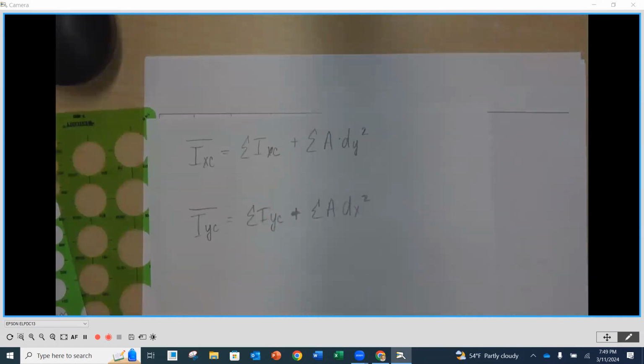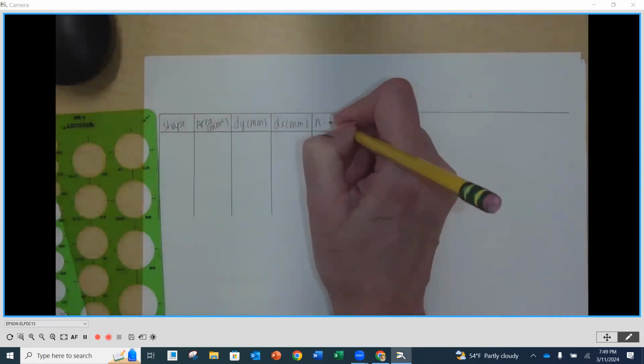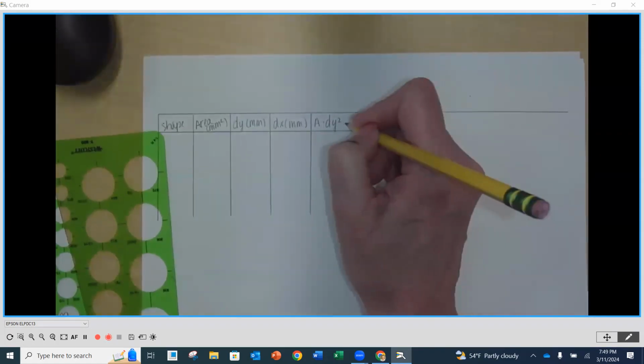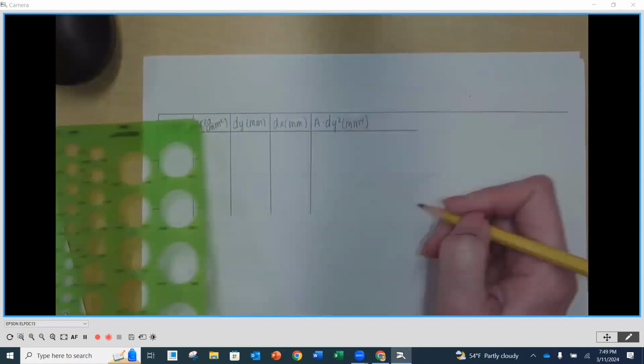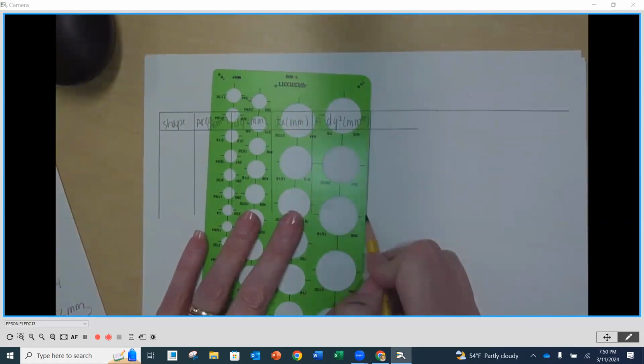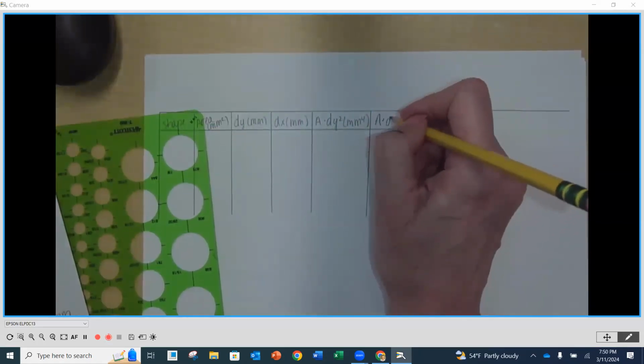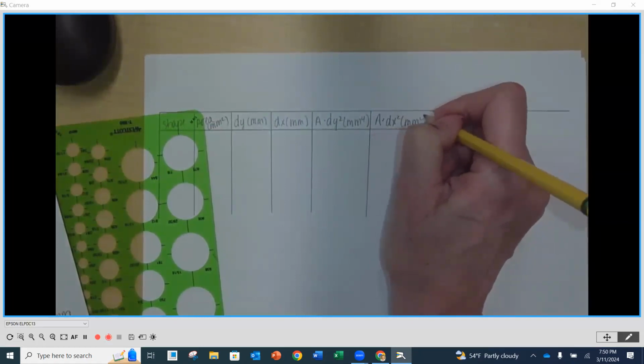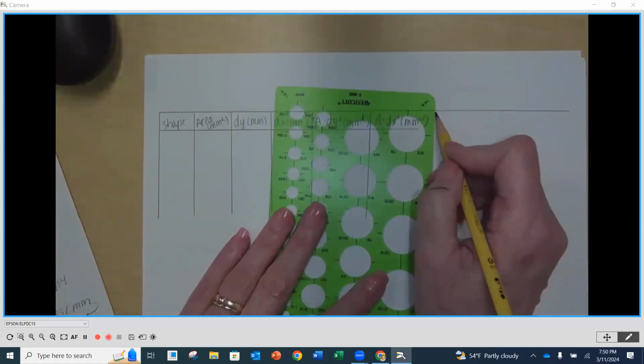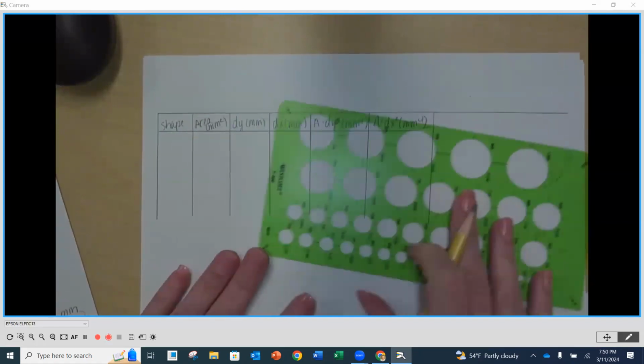Okay, now what? So if you look back over here, we did our A's, our D's, right? So should we do a column for each of the A times the dy squared and the A times the dx squared? Yeah. So this is going to be A times dy squared, and that's going to be millimeters to the fourth. A times dx squared, millimeters to the fourth. Okay.